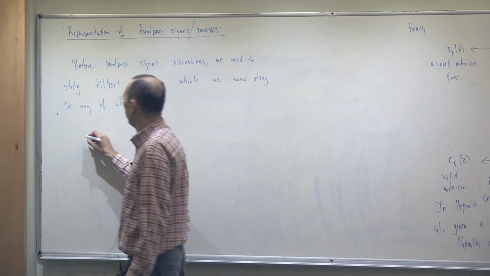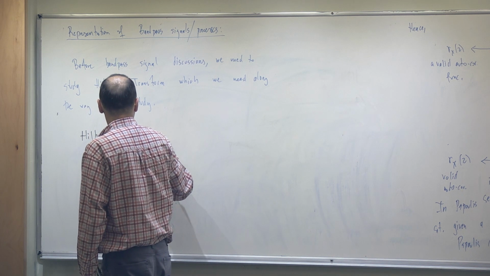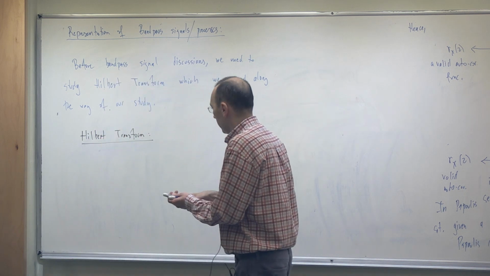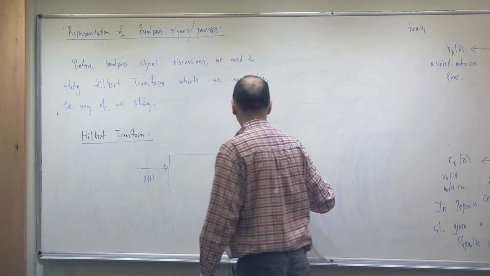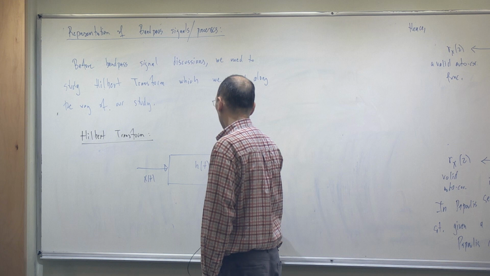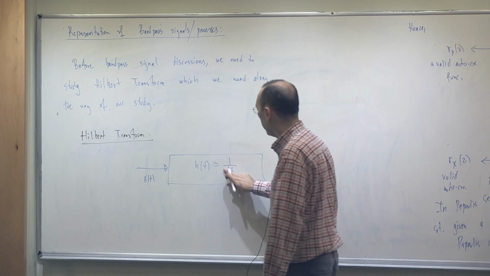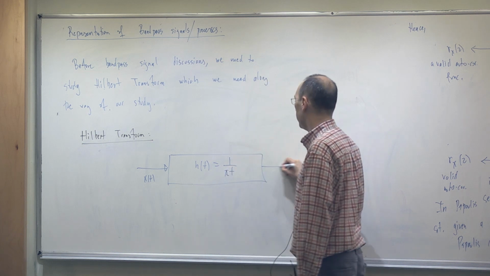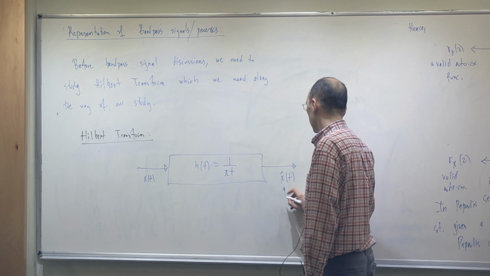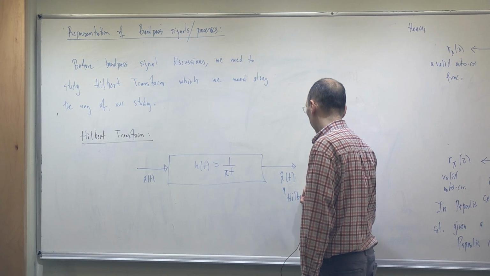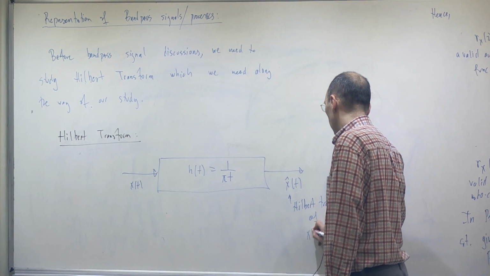This is something, don't worry, very easy to understand, the Hilbert transform. Now, x of t, again I have an LTI filter with impulse response 1 over pi t, and I will call this output, so this will be the Hilbert transform of x of t.